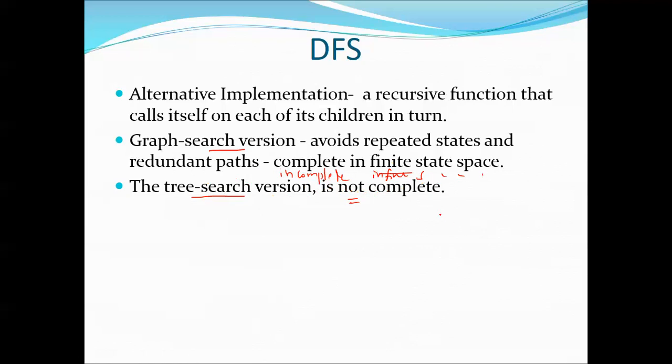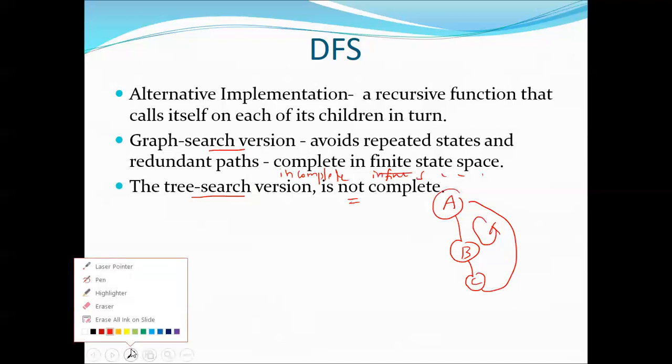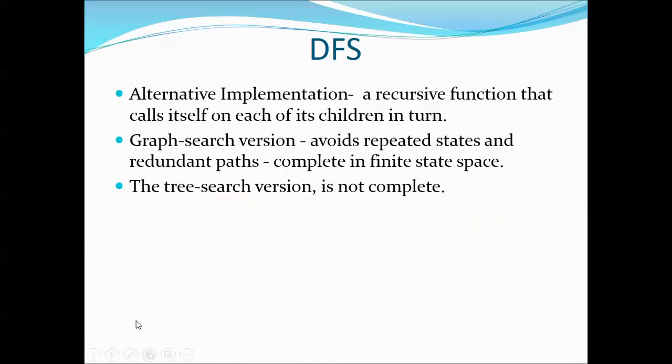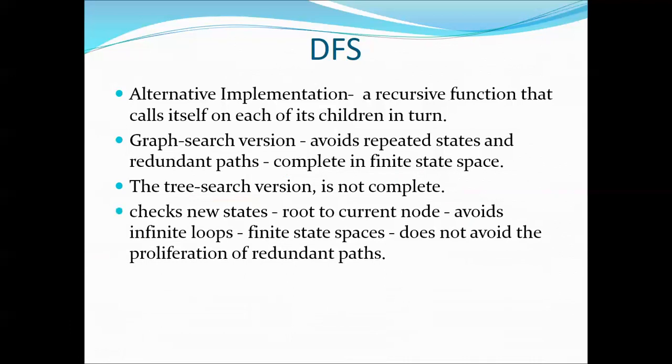The redundant path may become a cycle. For example, after city A, you have B, and then C, and then A. Then it may cycle here itself, and this may become an infinite loop, a never-ending loop. So even in a finite space, if it is implemented using the tree search version, the algorithm is not complete.